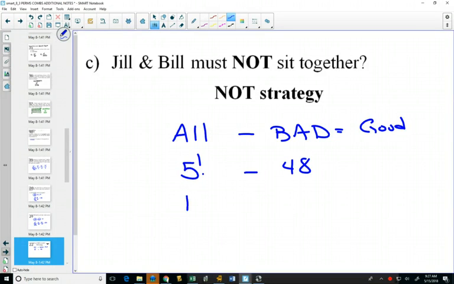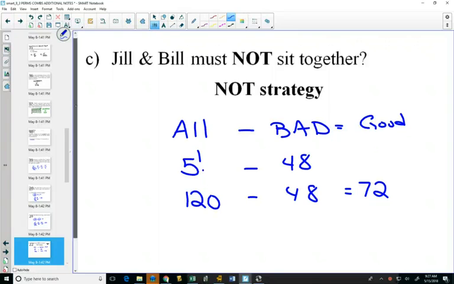So if we take 5 factorial, which is 120, and subtract the 48, we're left with 72 ways where Jill and Bill are apart. And since we already counted that bad way in A, this was a really easy way to figure it out.